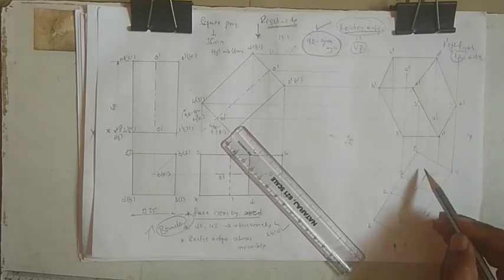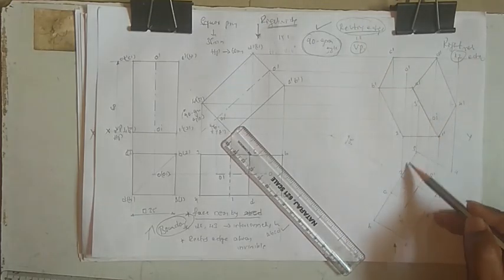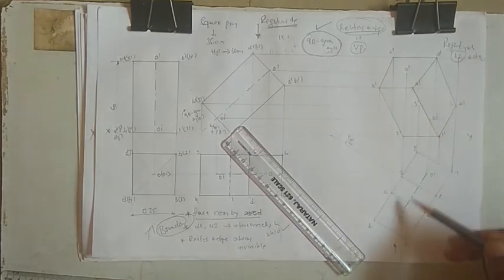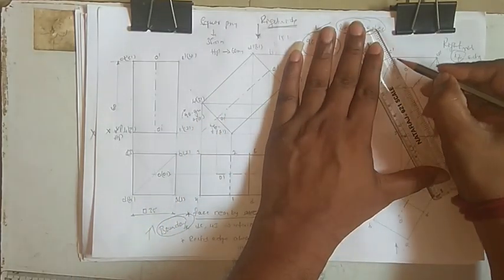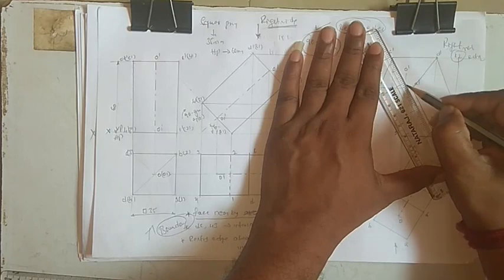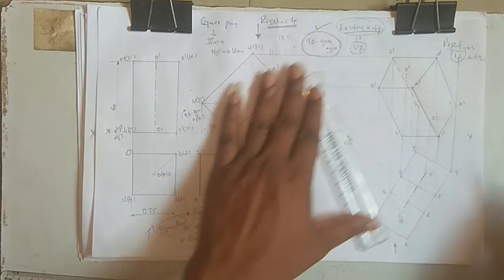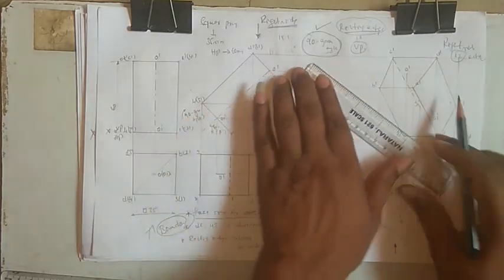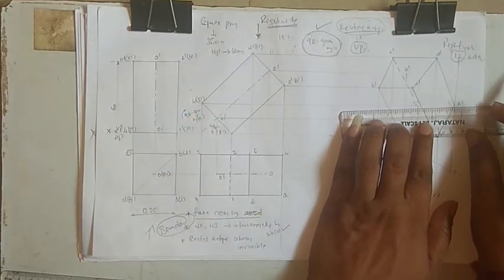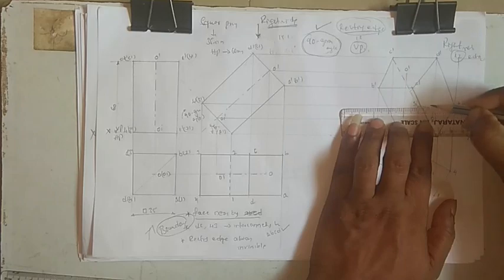Next, you can see C and 3 is far, okay, your far side, so that will not be visible, so that is a dotted line, okay. And 3 4 is far, okay, that also you can't see, okay.